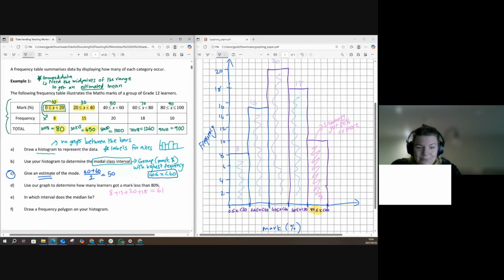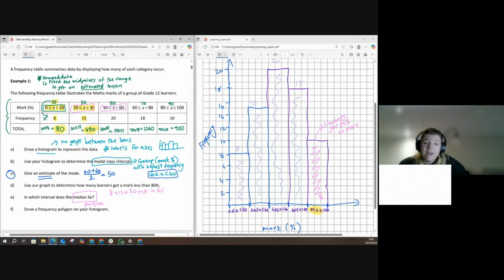Okay. So this question was given to you to set up the next question. So the next question is, in which interval, so that's talking about which one of these groups, in which interval does the median lie? So remember, for the median, think about the position of the median. That's my little hint to you. They don't need to know the number of the median.